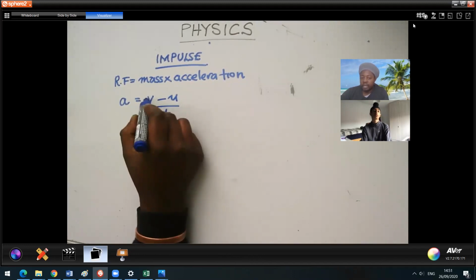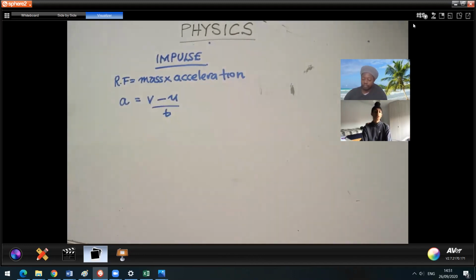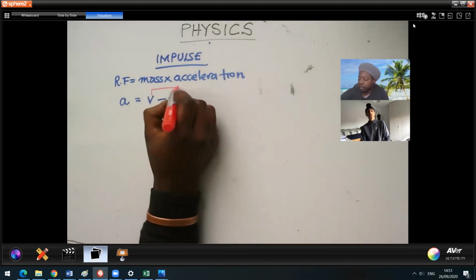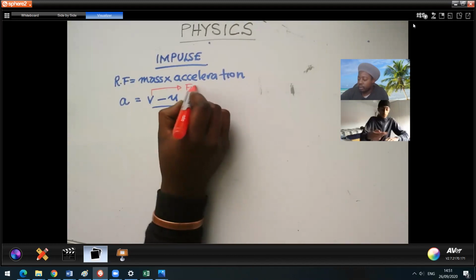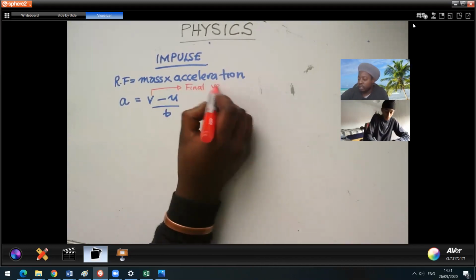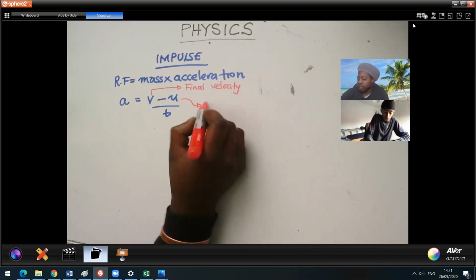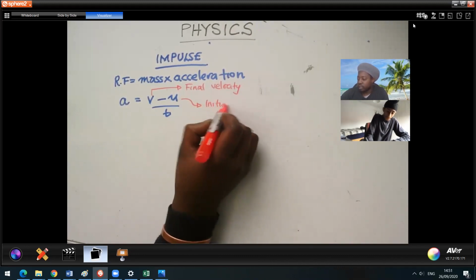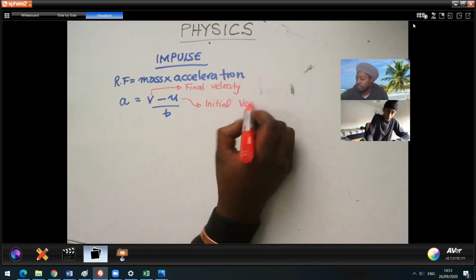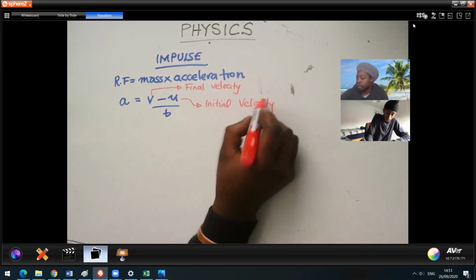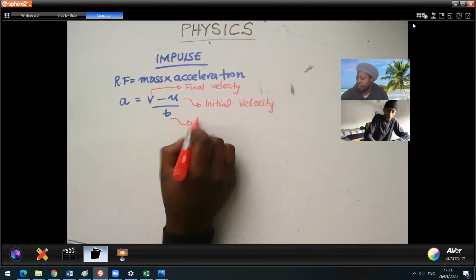What do you think the V and the U stand for? The V equals the final velocity and U equals the initial velocity. Correct. And this here is just the time.